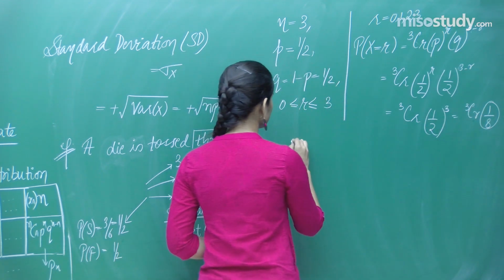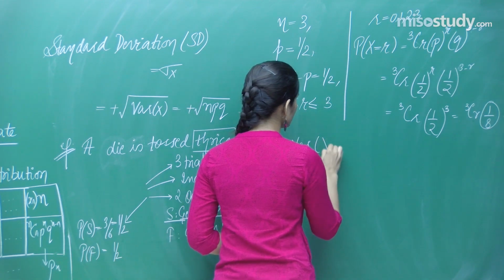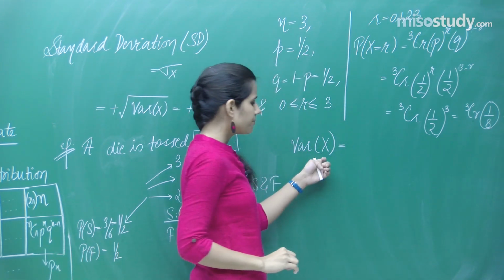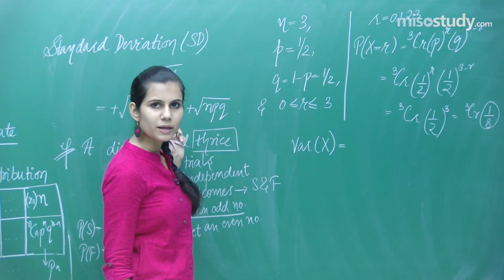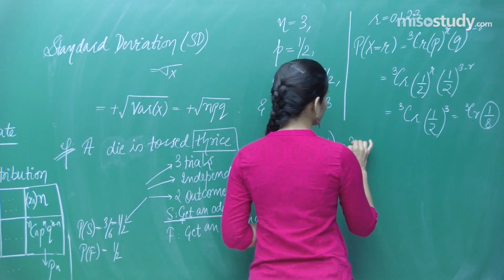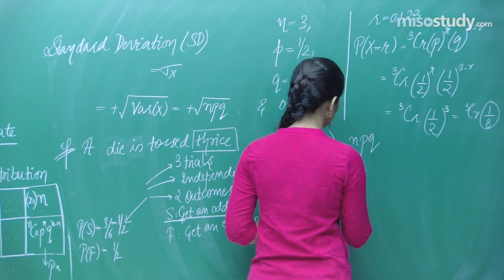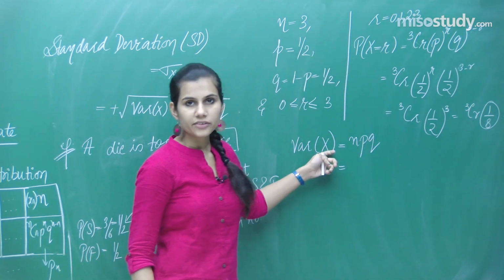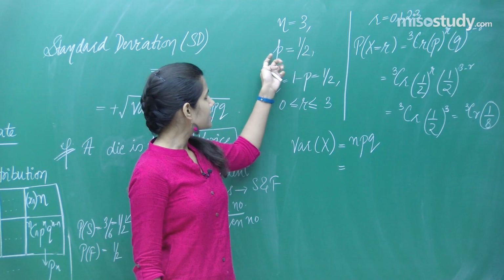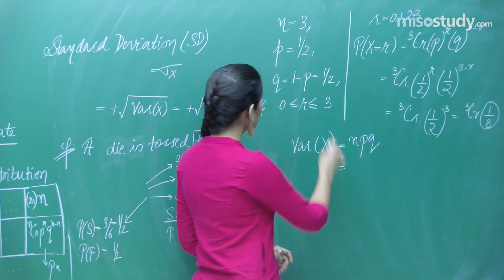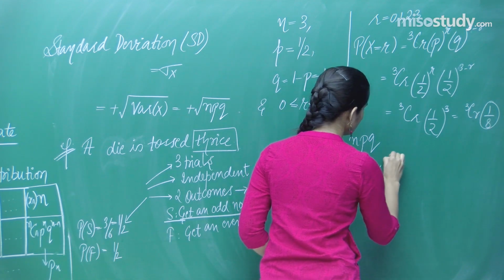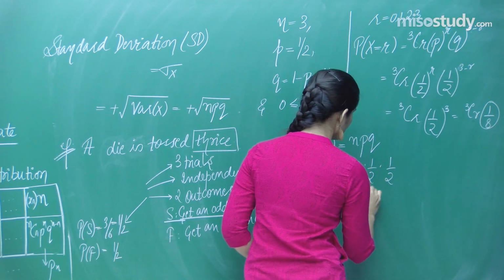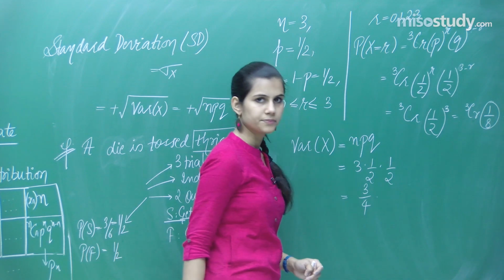My question is, what is the variance of x? X is a binomial variate associated with this random experiment. Variance of x is npq, because x is a binomial variate with parameters n and p. npq becomes 3 into 1 by 2 into 1 by 2, which is 3 by 4.